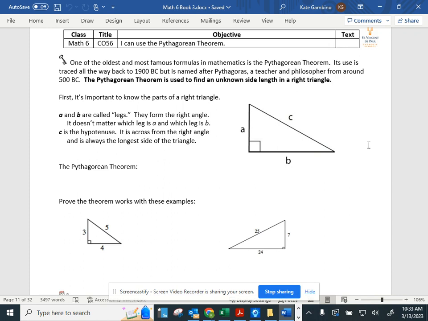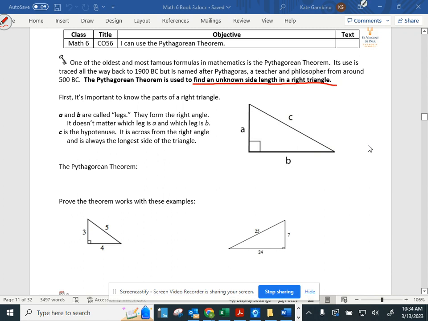So one of the oldest and most famous formulas in mathematics is the Pythagorean theorem. Its use is traced all the way back to 1900 BC, but it is named after Pythagoras, a teacher and philosopher from around 500 BC. The Pythagorean theorem is used to find an unknown side length in a right triangle.